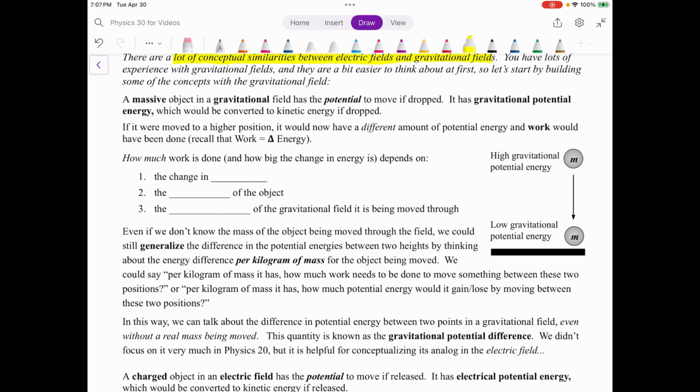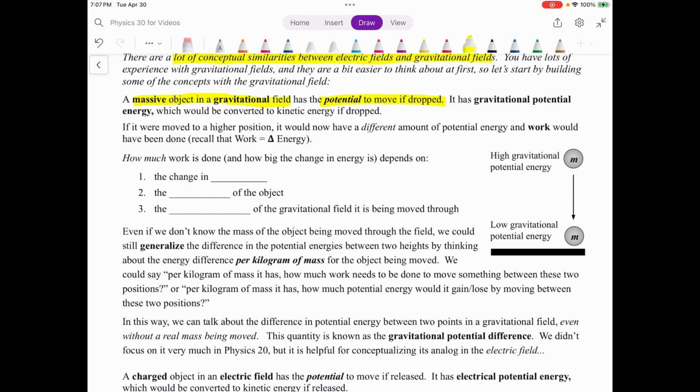Okay, so let's start building up some of these concepts by thinking about the gravitational field first. A massive object, that just means something with mass, that's in a gravitational field has the potential to move if dropped, right? If you're holding an apple, it has the potential to move. All you have to do is let it fall, and the Earth's gravitational field will cause it to move, pull it downwards.